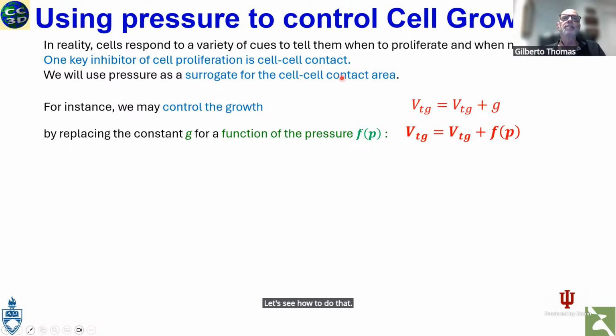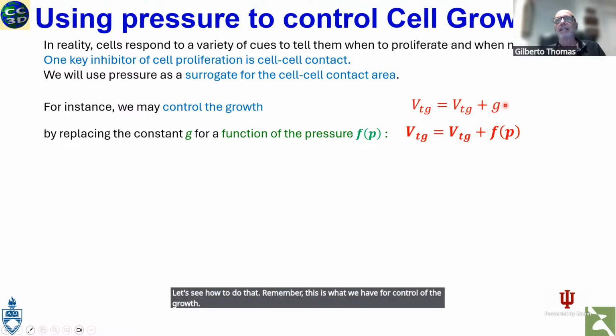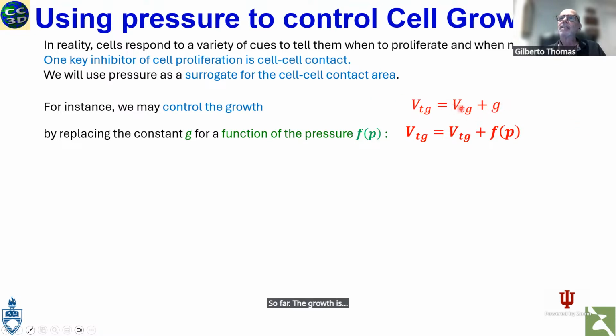Remember, this is what we have for control of the growth so far. The growth is increasing by a constant factor G, which has a value of 25 under 100. Remember that? Now we are going to substitute this constant value for a function of the real pressure in this simulation, a function of pressure Fp.